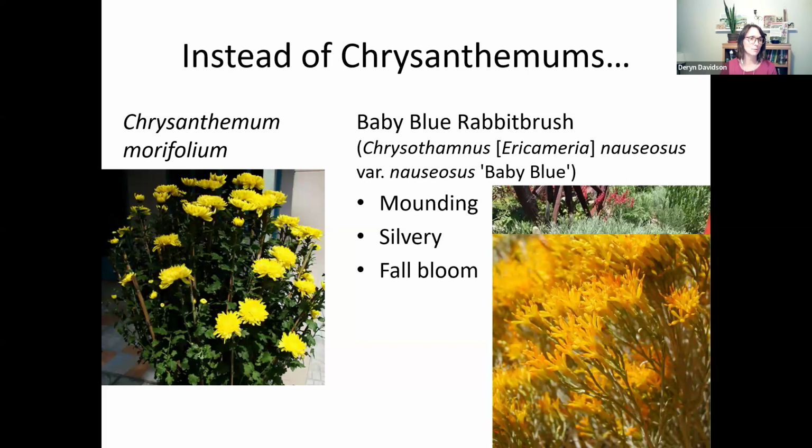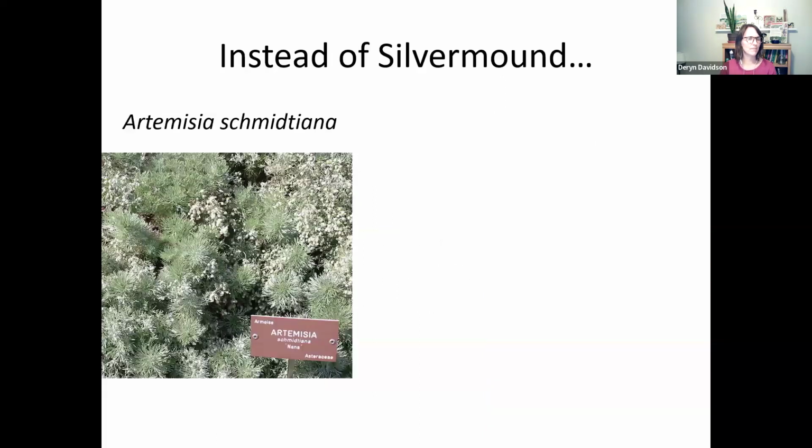Chrysanthemums bloom in the fall too, but they're not perennial. People put them out, then take them in, or they just pitch them or compost them. But rabbit brush is a perennial. It's going to bloom year after year after year, and it's excellent for pollinators because it blooms so late in the season, which is really important to provide those late season bloomers.